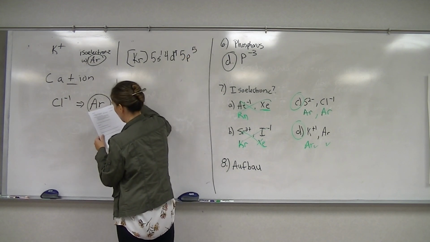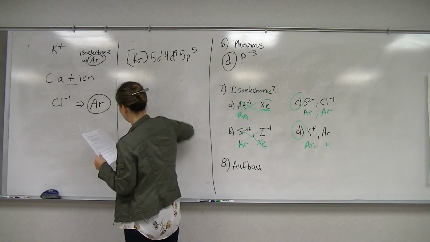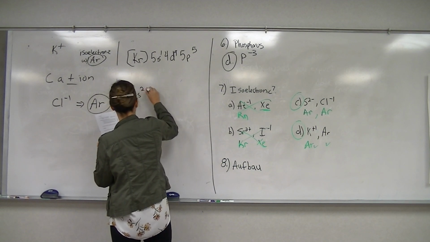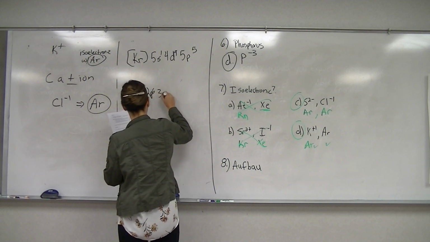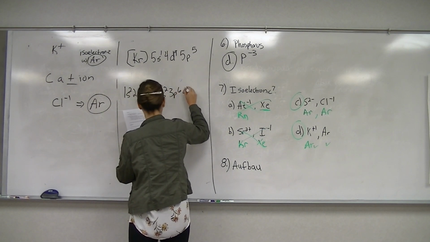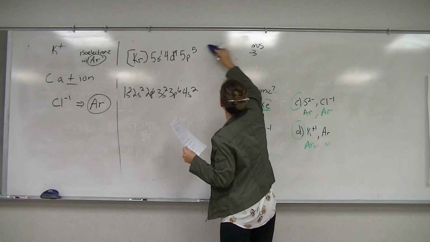All right, we got 1s2, 2s2, 2p6, 3s2, 3p6, 4s2, 3d10, 4p6, 5s1, 4d9, 5p5. This is a big one.